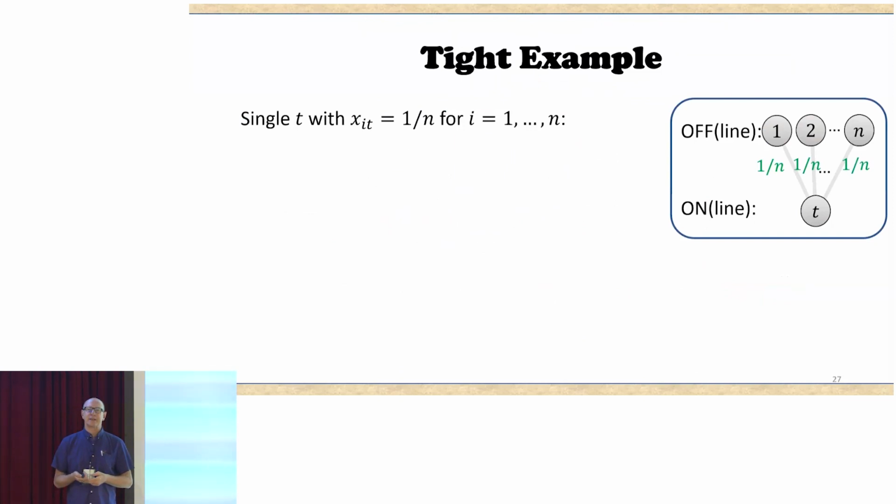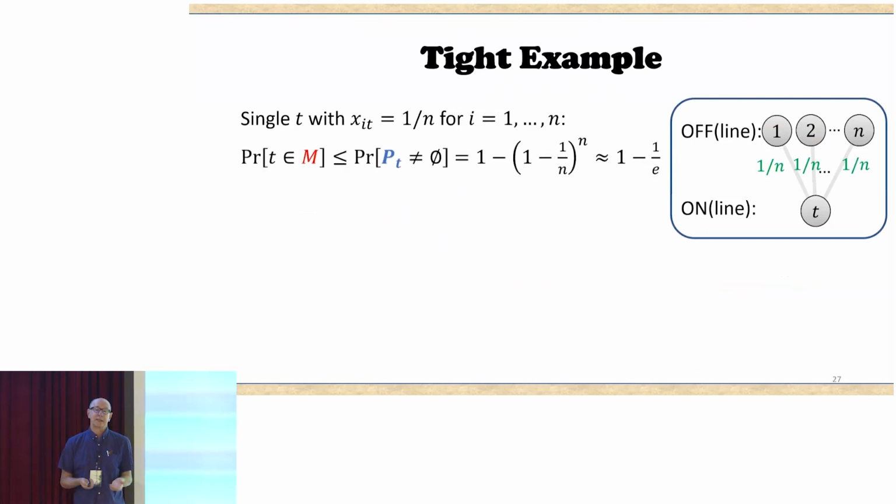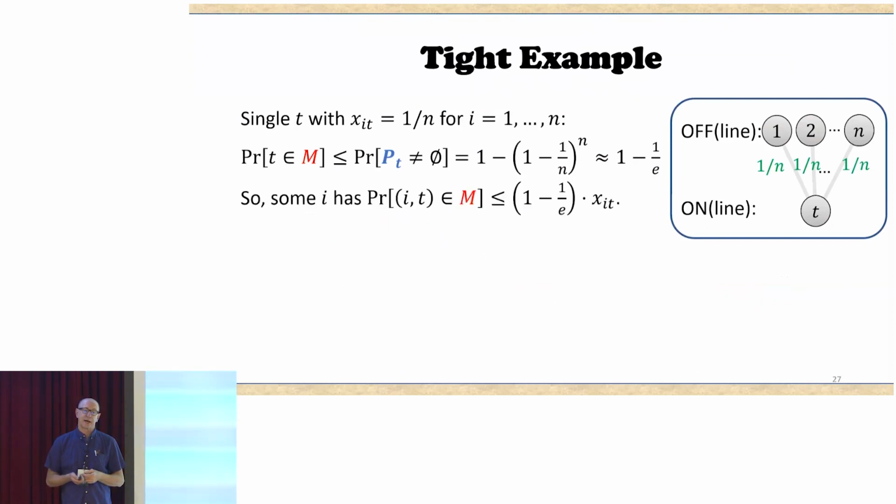Okay, so the tight example, we said that when the fractions are small, we have a problem. Let's say x_it is just 1 over n for n vertices. Then, of course, if we just do independent sampling, we get 1 minus 1 over e, which is tight.